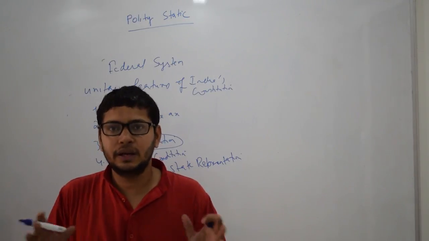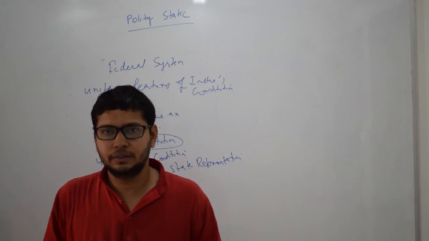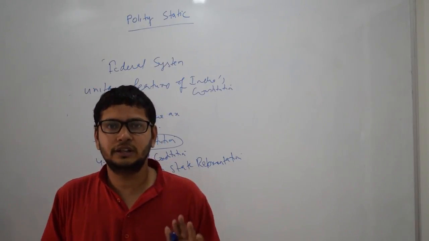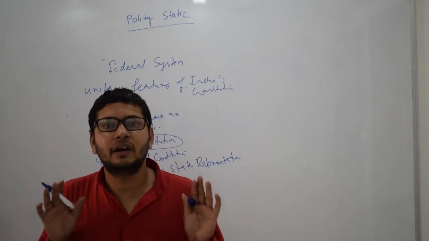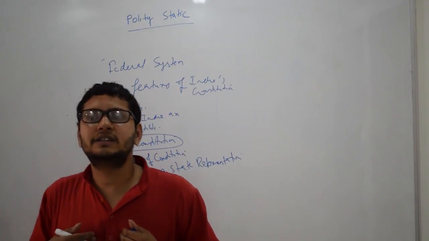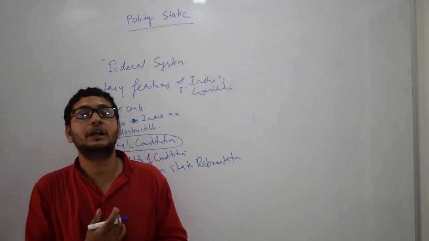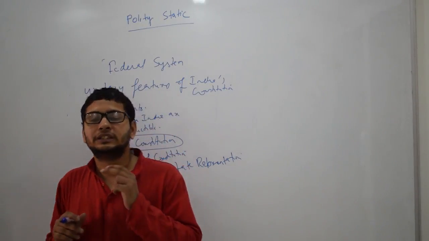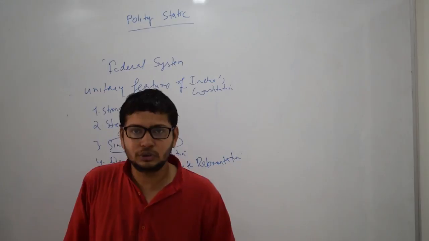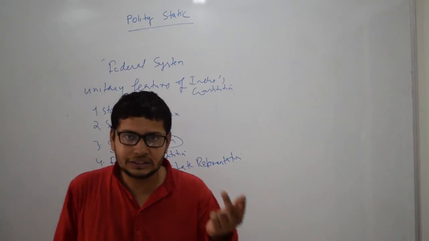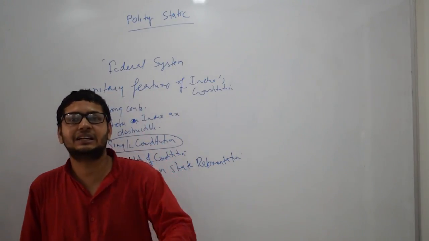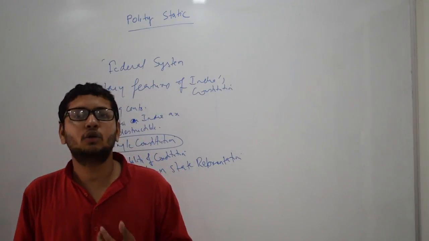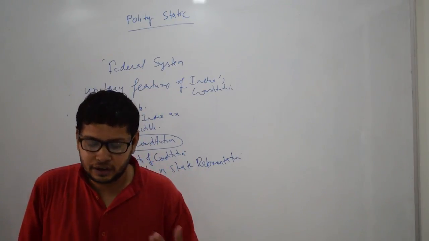Whether the state is very big or very small, all have two votes in the Senate. That is the federal feature. In India, each state, according to its population, has representation in the Rajya Sabha. So states like UP have 43, 44 seats, while a few states have just one seat. Therefore, the big states in India dominate the smaller states. And that again goes against the idea of federalism.